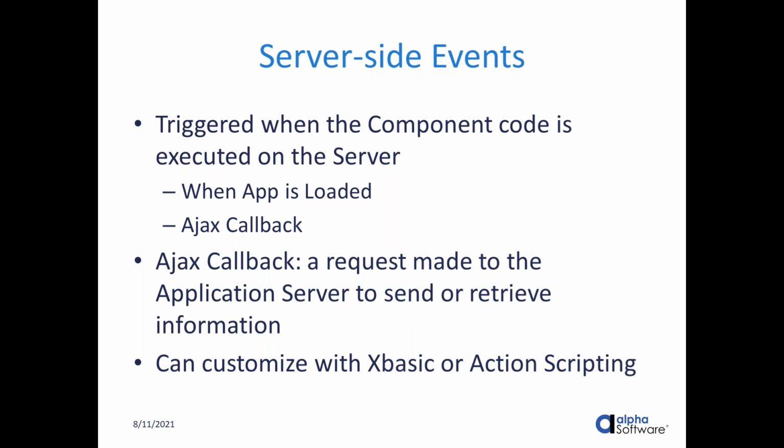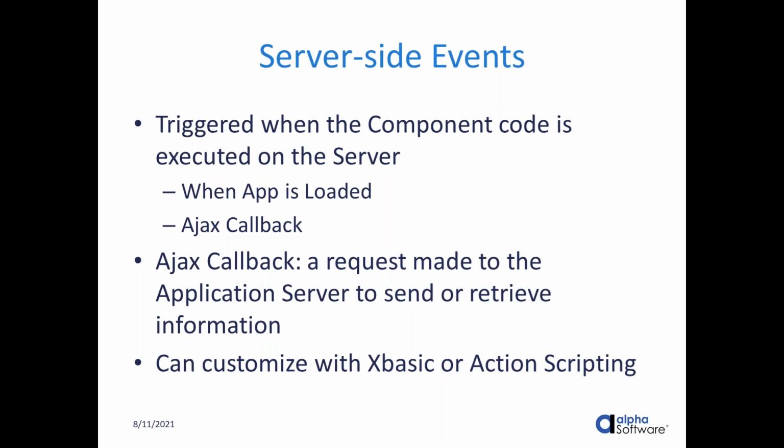So a little bit more about server-side events and when they happen. There are really two major scenarios where they happen. They happen when your app is loaded, when a request is received by the server to download your app and display it in a web browser. And they are also triggered when an AJAX callback occurs.